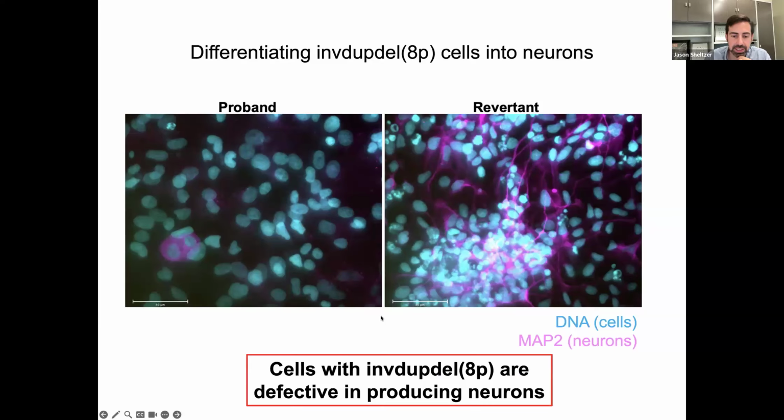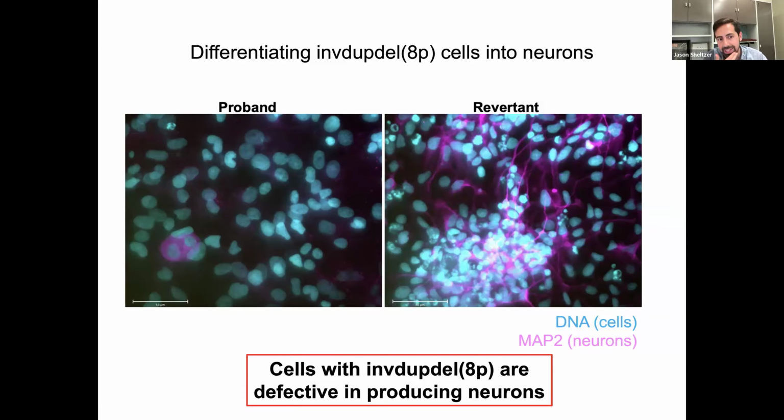So this tells us that cells with an inversion duplication deletion in 8p are defective in producing neurons. This gives us a cell culture system for studying the production of neurons in cells provided by 8p heroes.